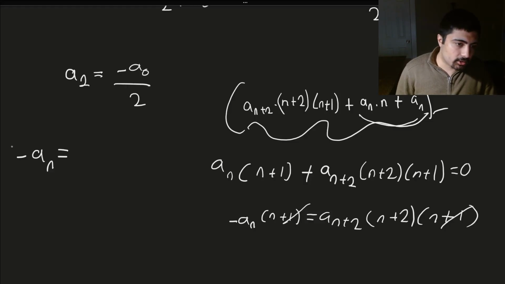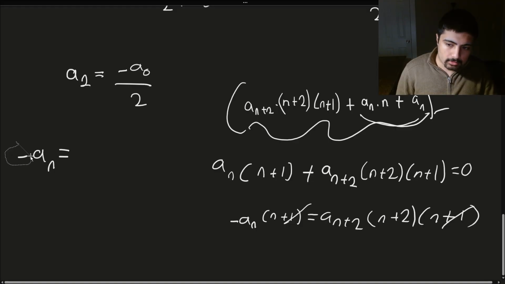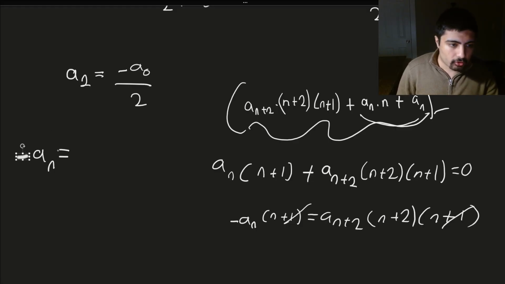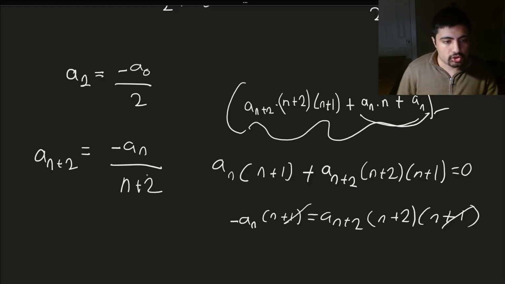Actually, why don't we do this? We want to write in terms of the big term. The bigger a term would be more convenient. So a sub n plus 2 is equal to negative a sub n divided by n plus 2. So we have these two relationships.